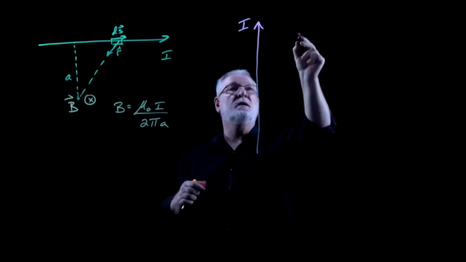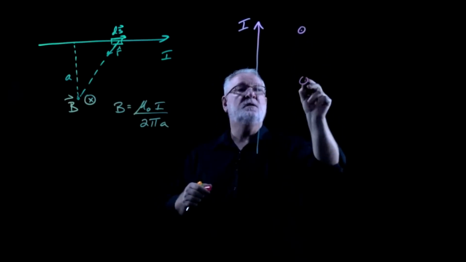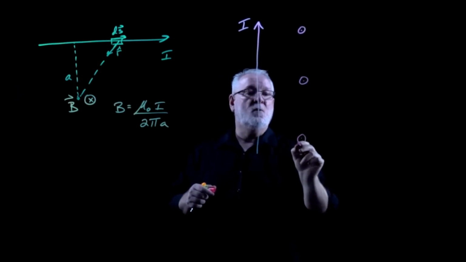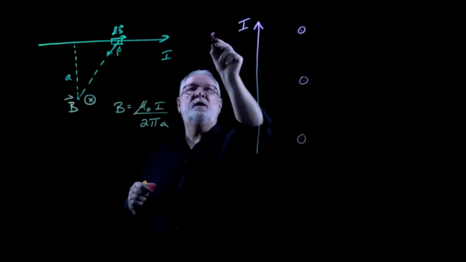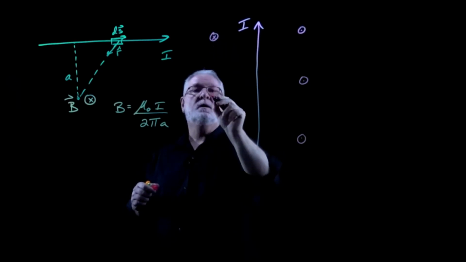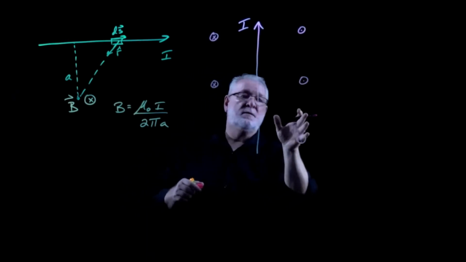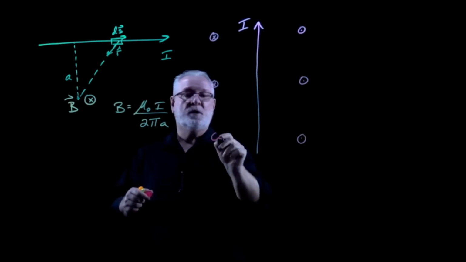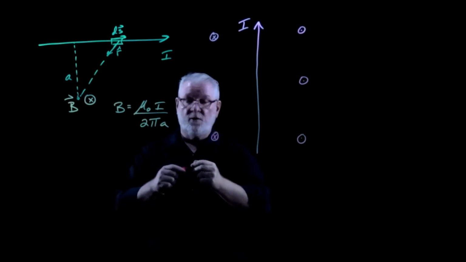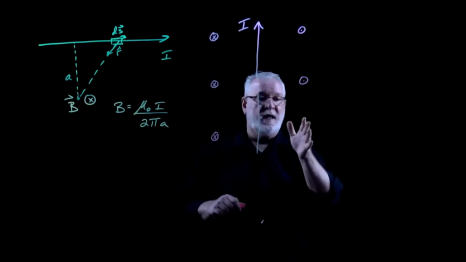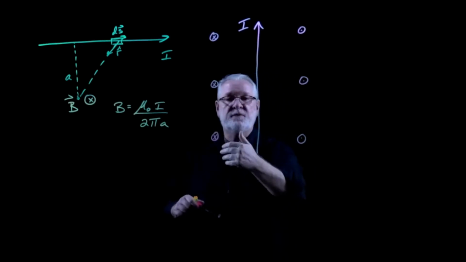So over here, we would see magnetic field like this from this current-carrying wire. And of course, over here, it would come out of the board at me. So it would head into the board on this side and out of the board on this side. So that's how you would see it. You would see it coming at you from here and away from you on this side.